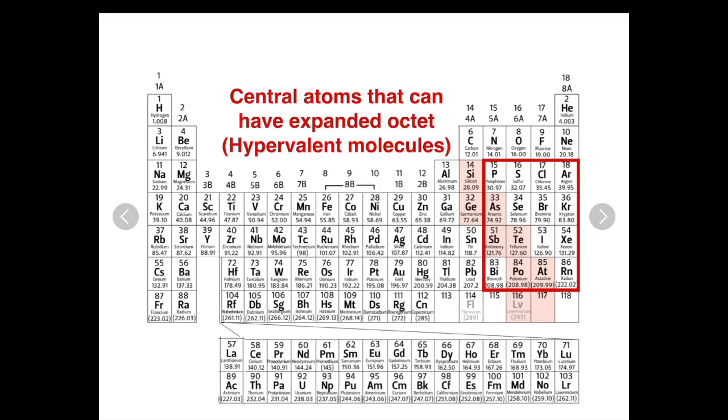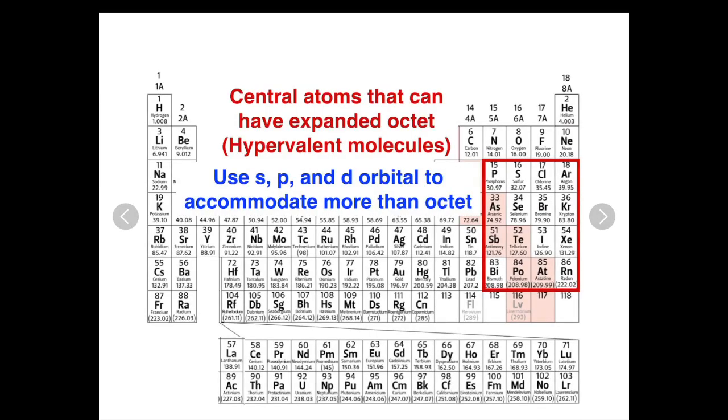Hyper means like exceed, right? Valence is the valence electron. It's the molecule that can exceed, like the 8 electrons here. The reason for that is because they can use the d orbital to accommodate more than 8 electrons. Normally, if you're looking at row 1 and 2, you are going to see that these rows have only s and p orbitals.